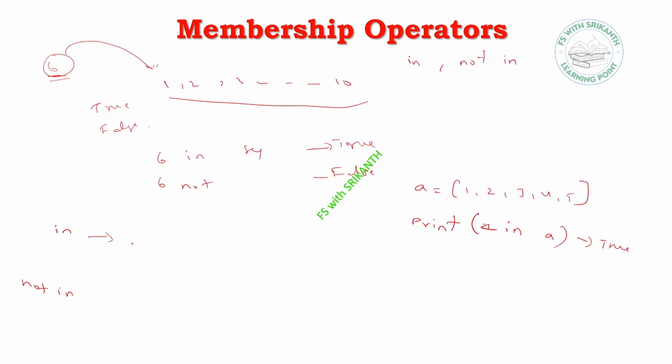If the value is not found, suppose 7 not in A, 7 is not available, then it is true. 4 not in A, 4 is actually available, so it is false. So for in, if the value is within the sequence, it is true. For not in, if the value is not available in that sequence, that is true. So both are different. I will check with examples.